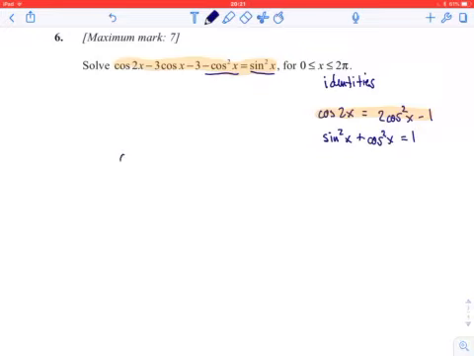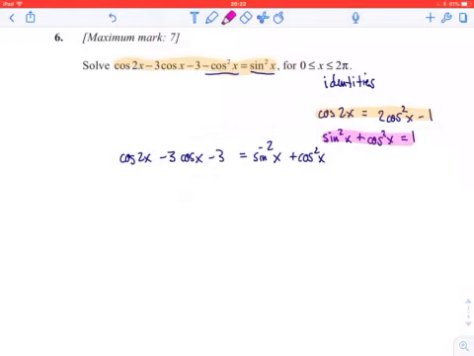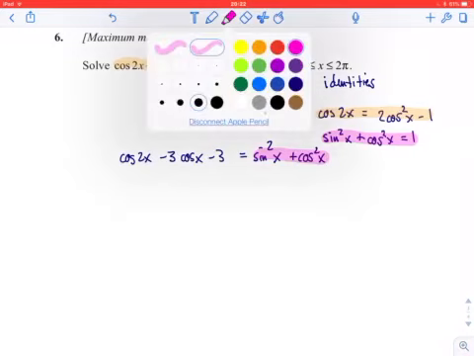So rewriting this equation, cosine of 2x minus 3 cosine of x minus 3, and if I set that equal to sine squared of x plus cosine squared of x, I can use the first identity, this one right here, to simplify this expression. Okay, so that'll make things better.